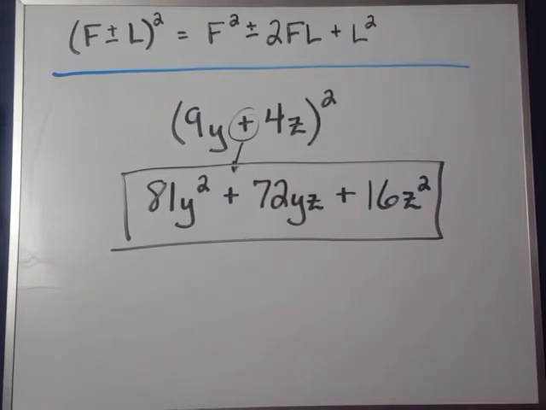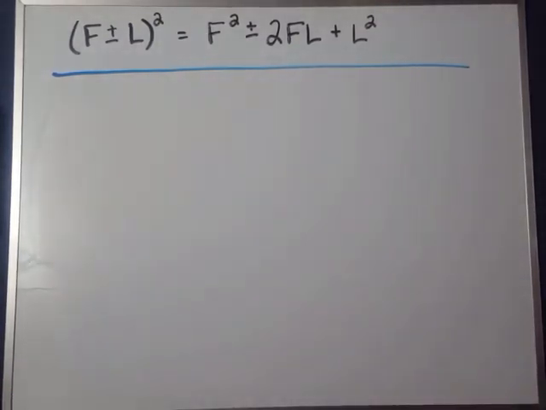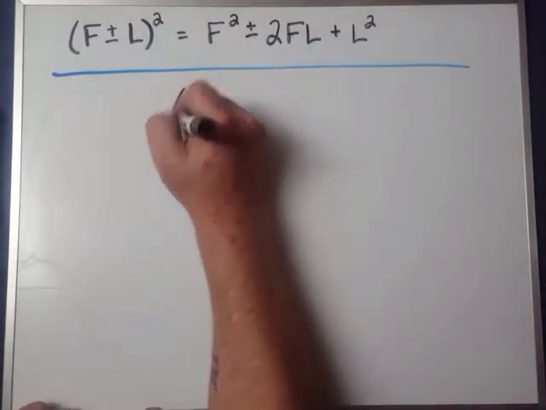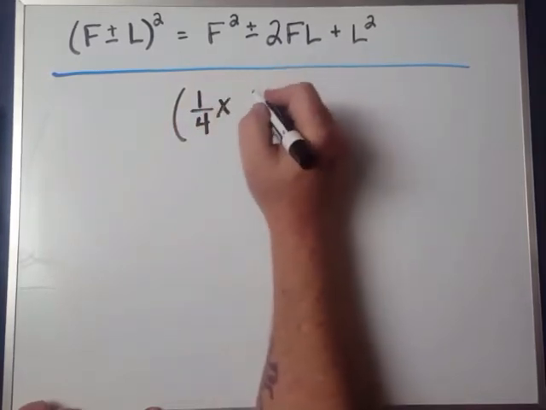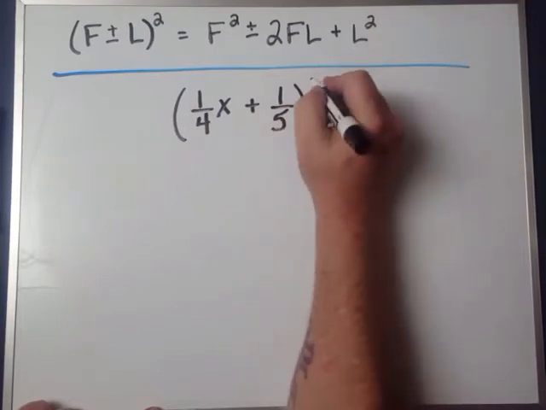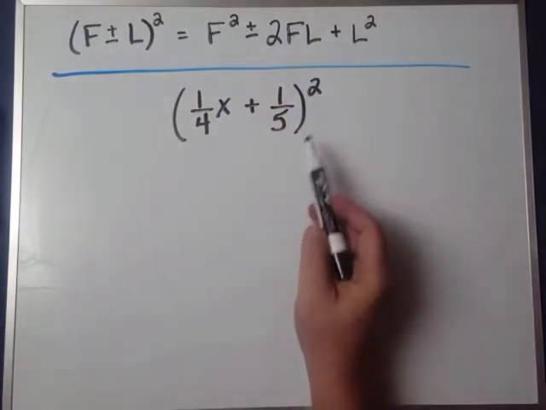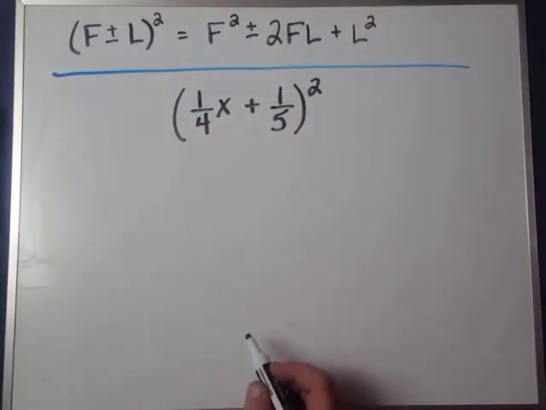All right, let's have a look at number 18. You know I'm not going to pass up a problem like this. This is still the square of a binomial. This is the square of a sum. And so we can use our special product rule to work this problem.